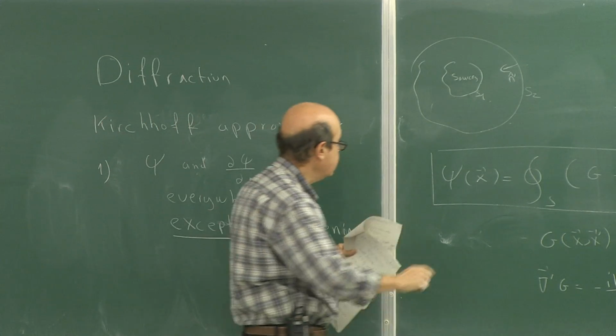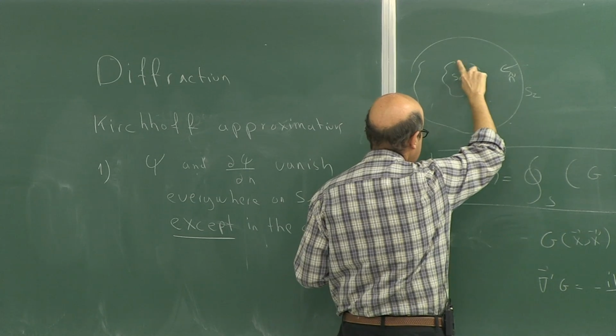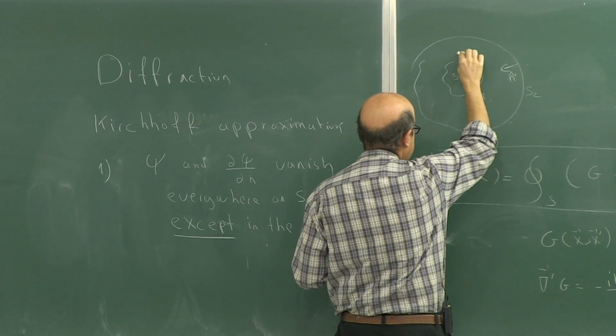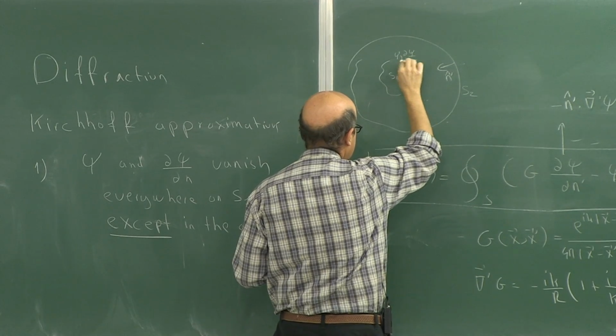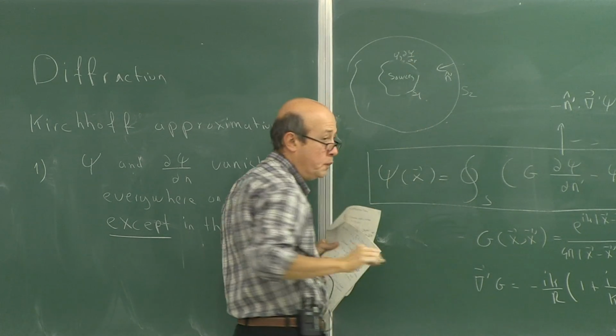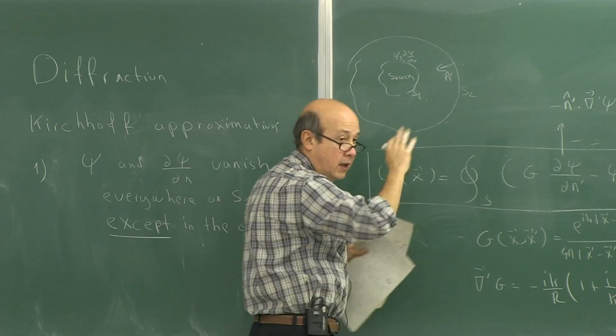So that tells you that if you have a screen S1 with openings, all information of phi or del phi over del n should pass through these openings, but they are all zero in other places.